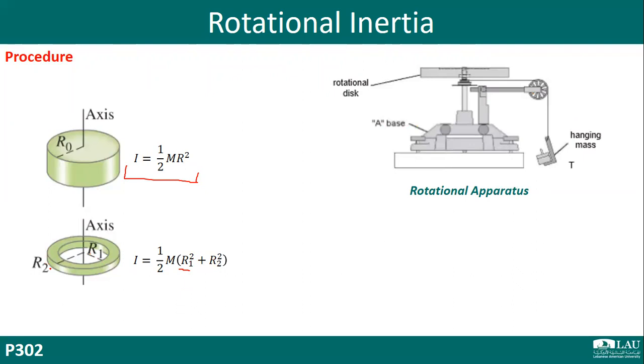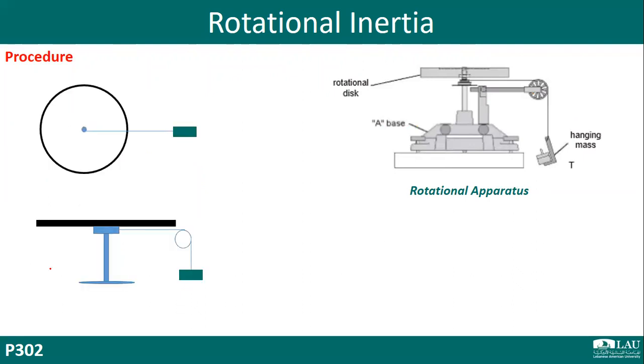Here I'm representing a top view diagram of the disk or the ring with a hanging mass. You have the disk or the ring and the hanging mass, and also a side view. This is the representation of our experimental setup.